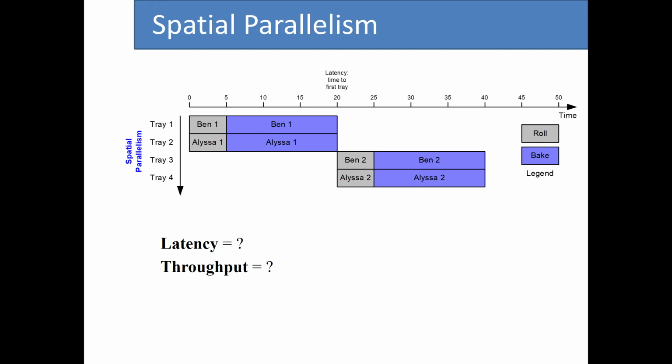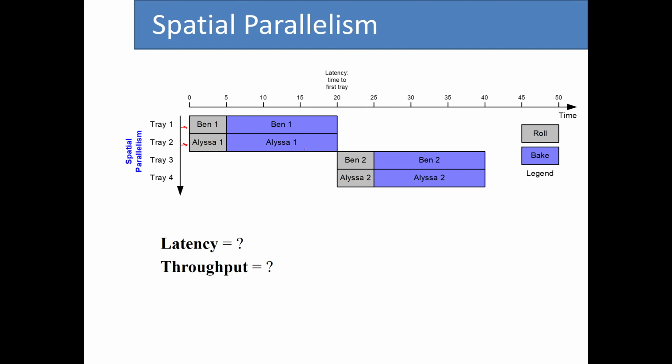For the first scenario, spatial parallelism, we have two ovens. Ben and Alyssa work simultaneously. Since we have two stages for baking cookies, Ben rolls the cookies and then bakes them in his oven, and Alyssa does the same in her oven.